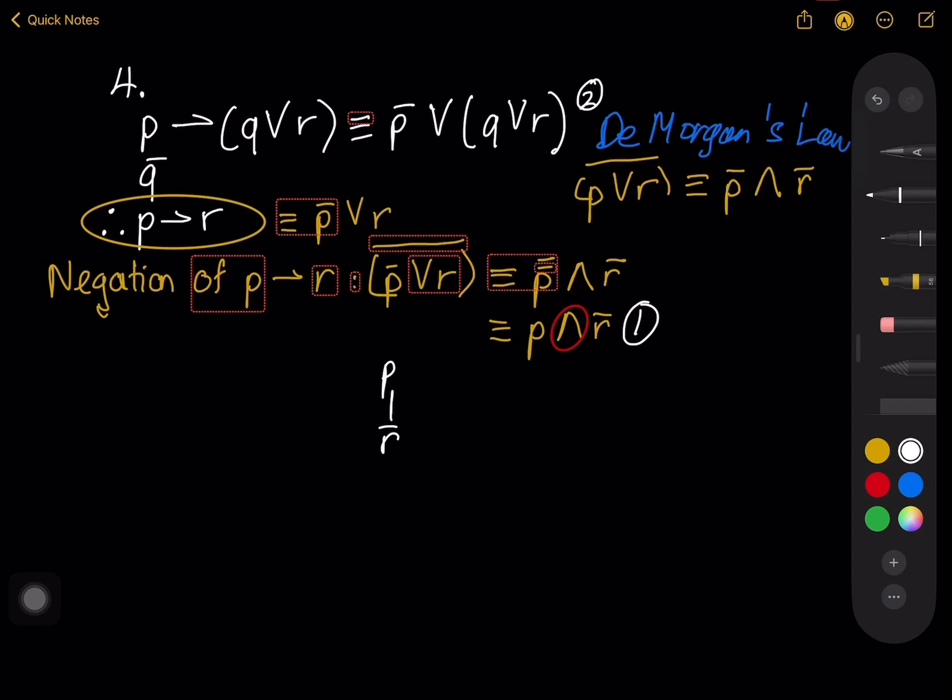We have not P or this group, Q or R. All right, so we're gonna split it out into two branches.